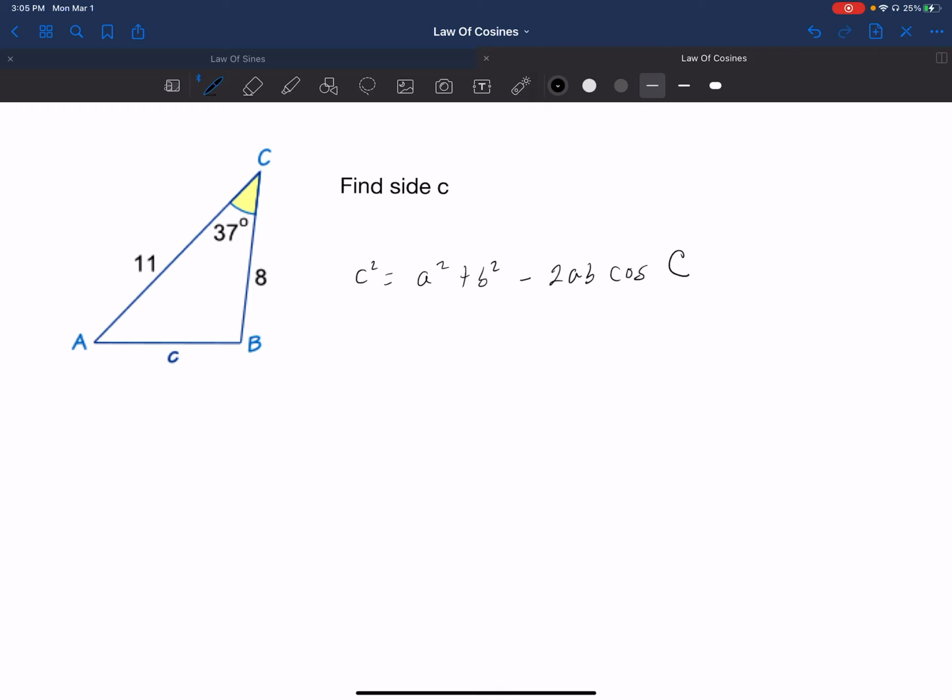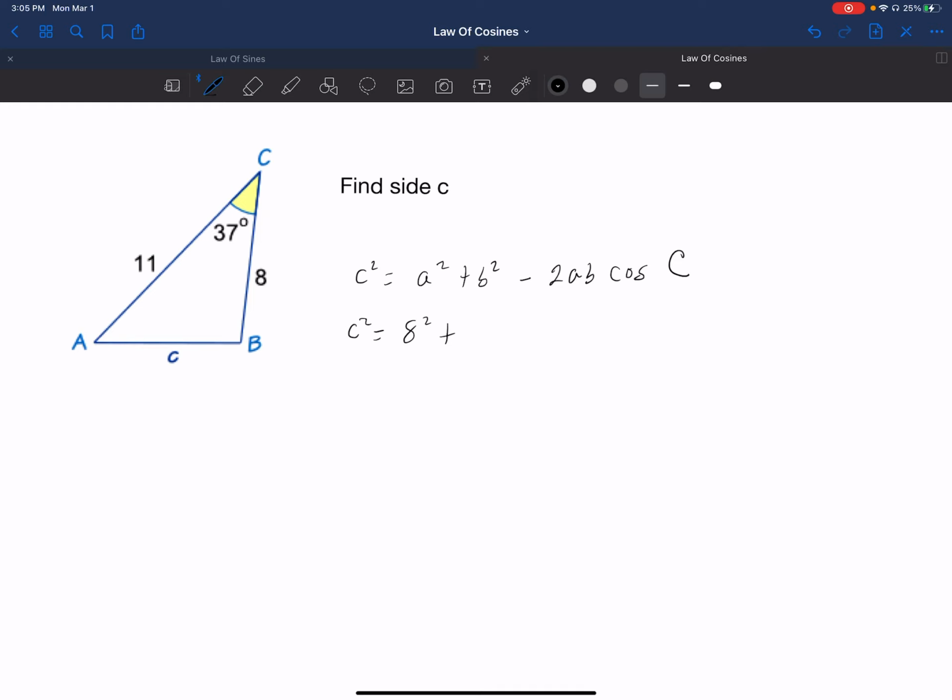So now I'm going to start plugging in the information that I do know, and the information that I don't know, I'm going to leave as the variable. So I don't know what side C is, so I'm going to leave it as little c, and then I'm going to square it. I'm going to take side A, which is 8, and square it.